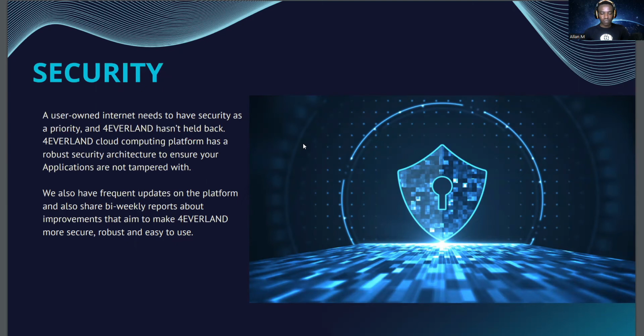There are frequent security checks and audits to ensure that the system is always up and running. 4EVERLAND also works to improve the existing products, so that you as a user get the best interaction, and also your data is safe.